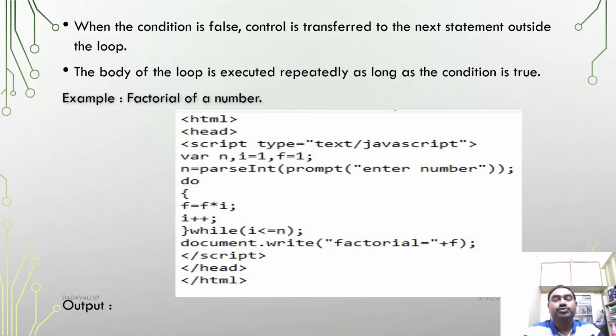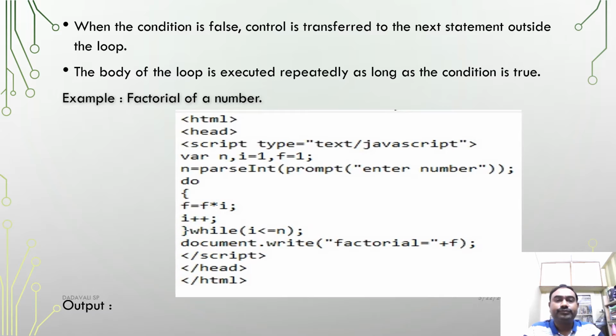Script type equals text/javascript. There are three variables: n, i equals 1, f equals 1, because we already told you that for looping you need initialization, then the condition, then updation. These three are very important.